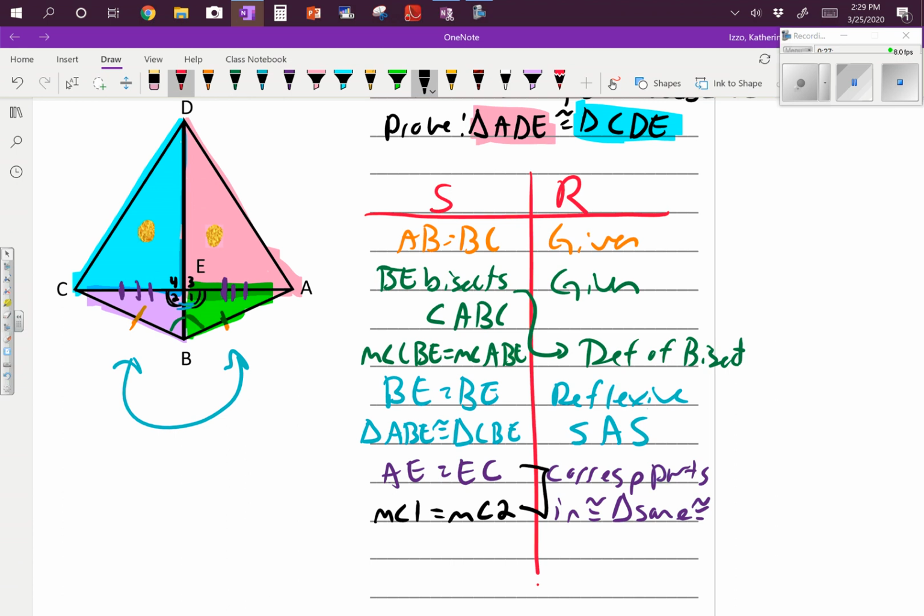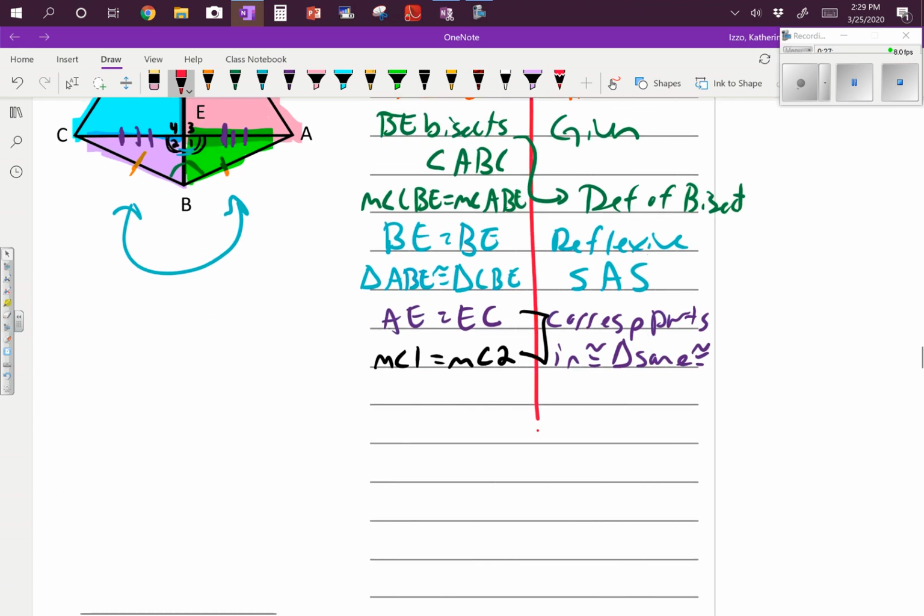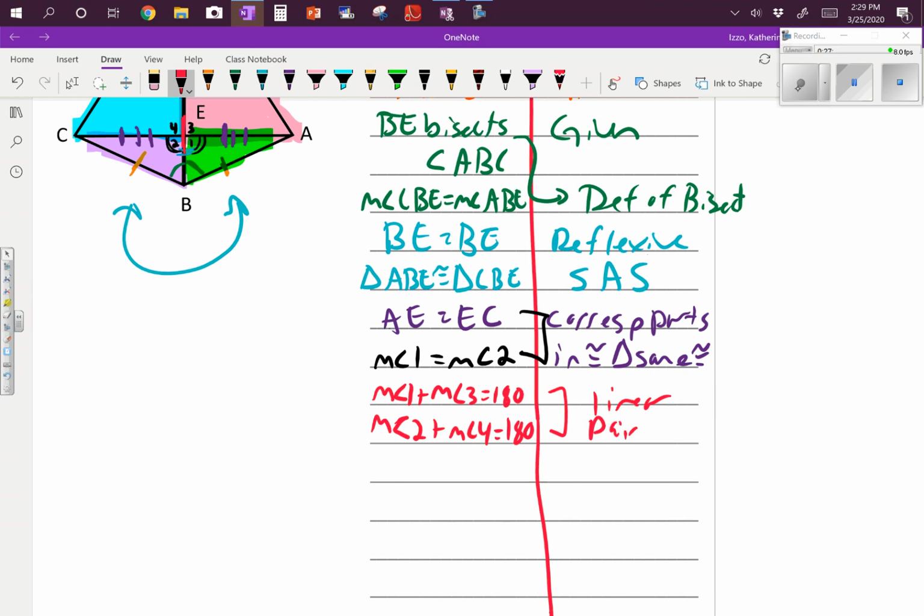So in order to get them in the pink and the blue triangles, we're going to have to start again and linear pair this. So measure angle 1 matches with, on the line, measure angle 3. And measure angle 2 matches with measure angle 4. Okay, linear pairs.